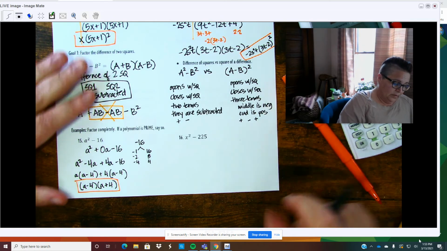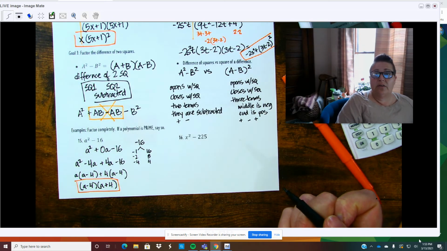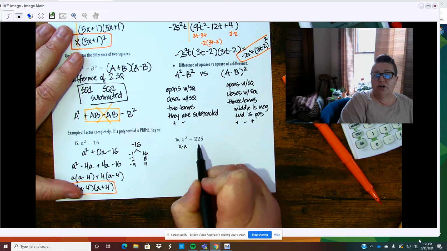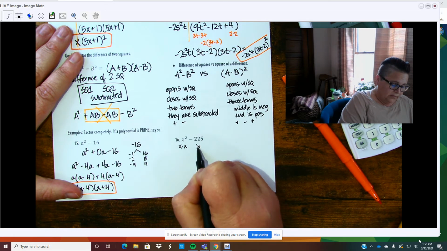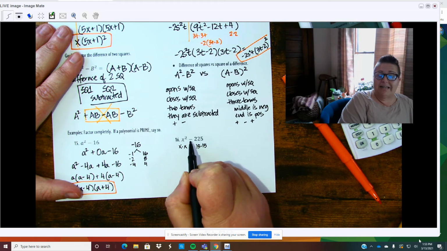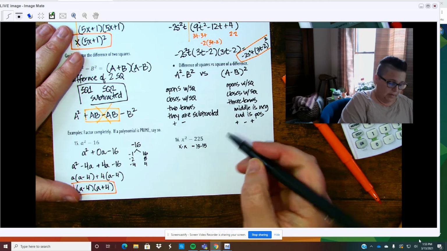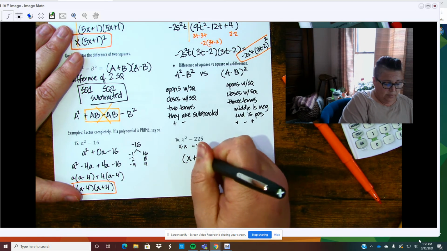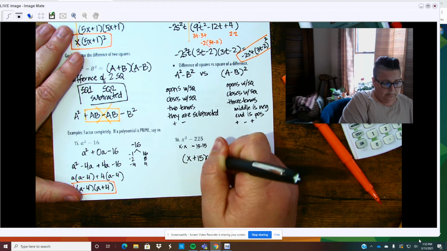So to use the pattern, x squared here is x times x. 225 is 15 times 15. In order to make it a negative 225, one needs to be negative and one needs to be positive. That means I factor this as x plus 15, x minus 15.